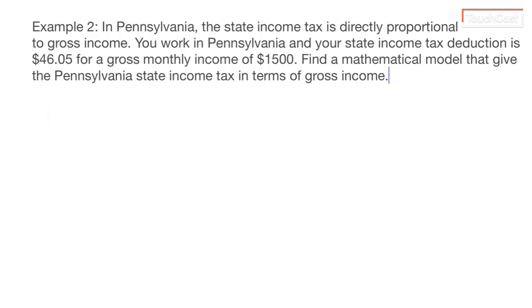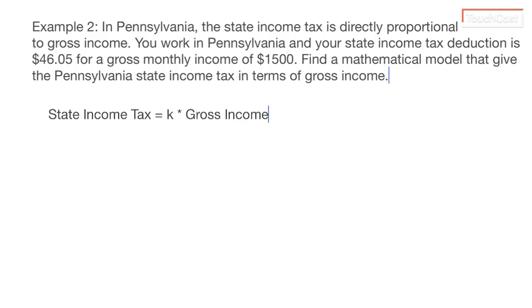So first, I like to write a verbal model so I know what's going on. What I know is the state income tax is equal to the constant of variation, that's always going to be in there, times someone's gross income. Whatever someone has to pay for their state income tax, it's some value times their gross income.